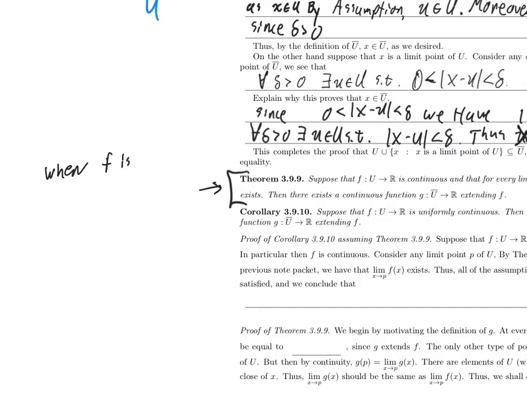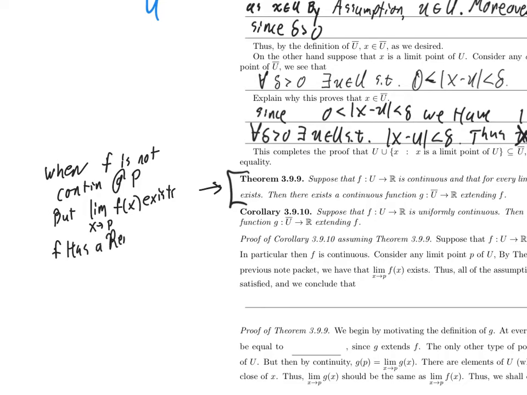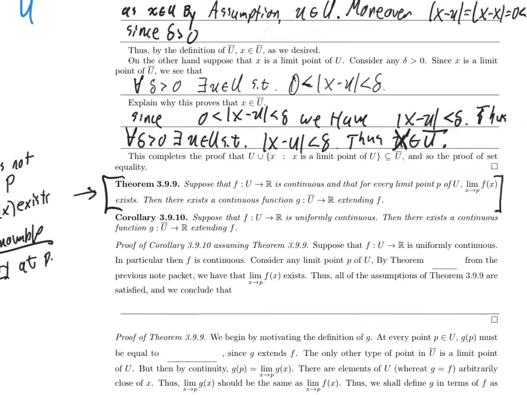When f is not continuous at p, but the limit as x approaches p of f of x exists, f has a removable discontinuity at p. So that's just a bit of notation, because what does this theorem say?